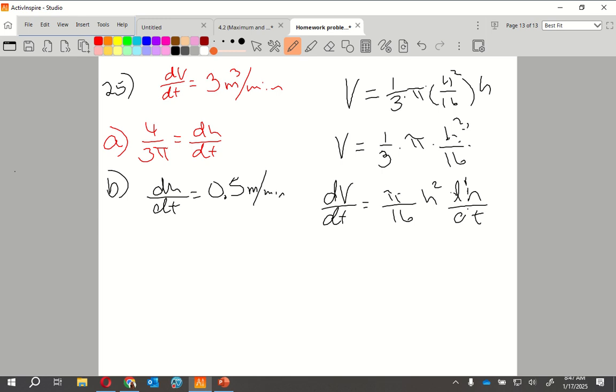When it said H is 3 meters deep. So my dV/dt is pi over 16 times 9 times 1/2, because my dH/dt is 0.5, which is 1/2, right?